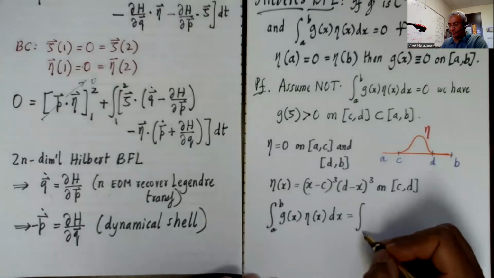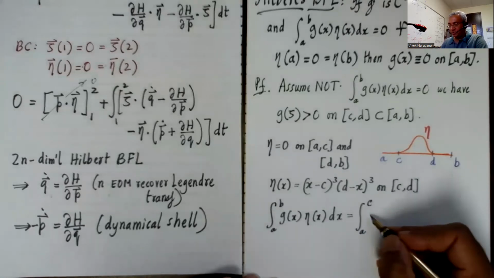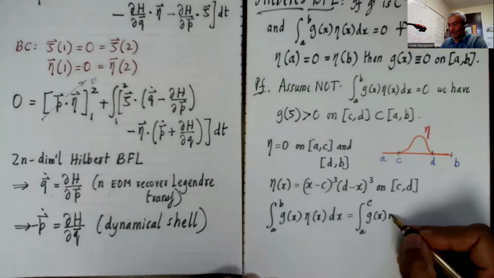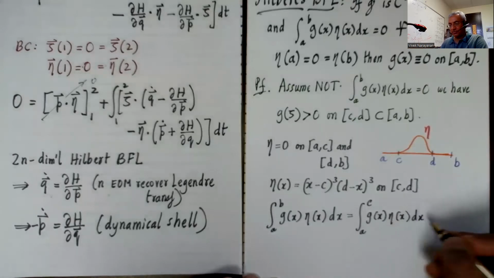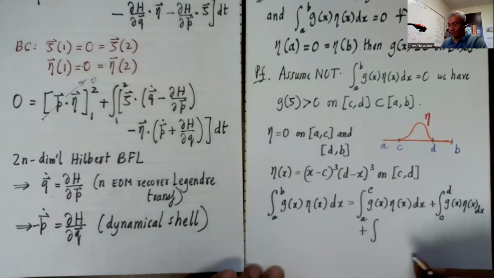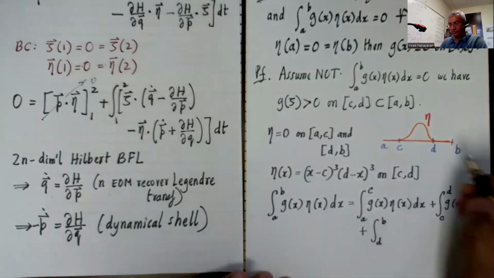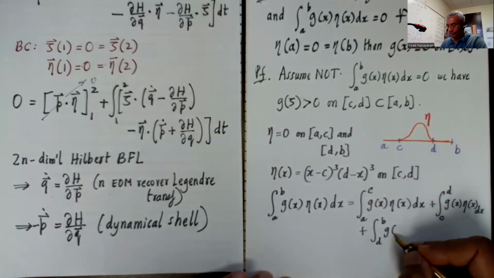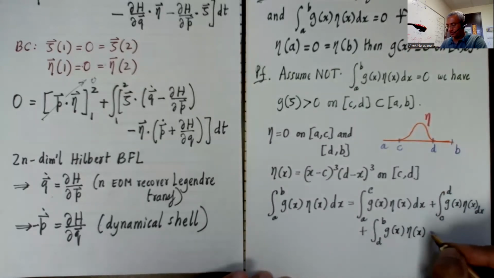So it's going to be the integral from A to C, g of x, eta of x dx, plus the integral from C to D, same thing, plus the integral from D to B, last segment, g of x, eta of x dx.